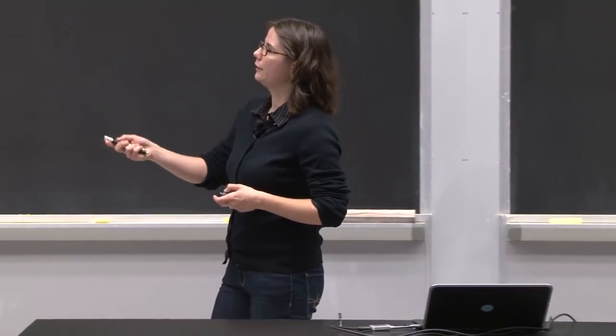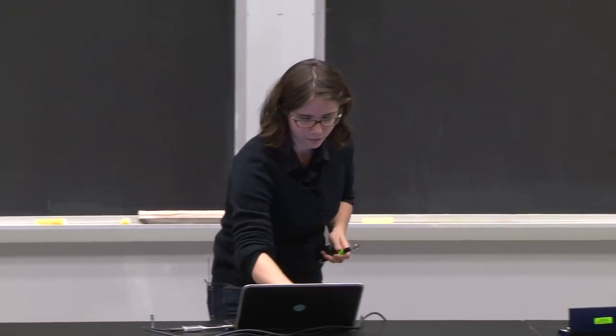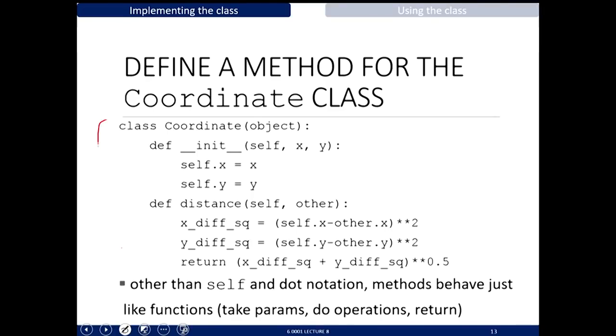So let's go back to defining our coordinate class, and let's define a method for it. So far, we've defined that part there, class coordinate and an init. So we have that. In this slide, we're going to add this method here. I'm going to define a method called distance, and I'm going to pass in 2 parameters.